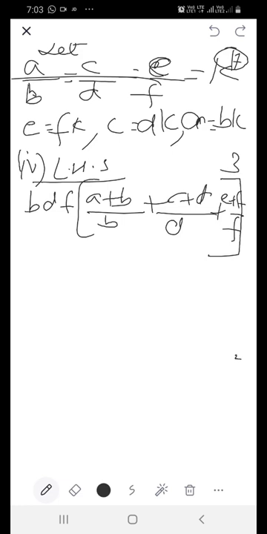I am taking the left hand side. So wherever you find A, C, E, replace by its value in terms of K.